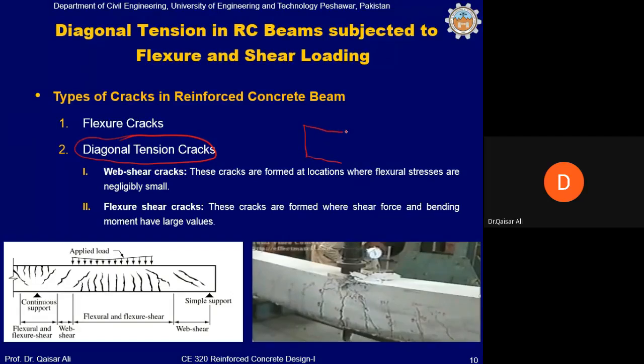They will produce tensile stresses along one of the diagonals of the element like this, and the crack will appear perpendicular to the direction of tensile stresses. So they are called diagonal cracks, because this crack is appearing along one of the diagonals of the element.